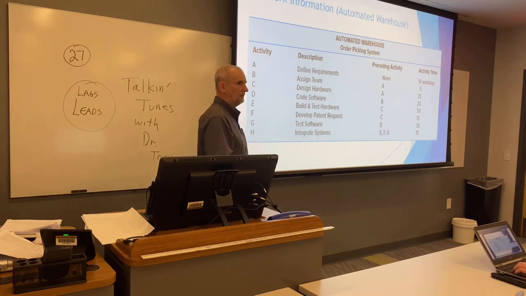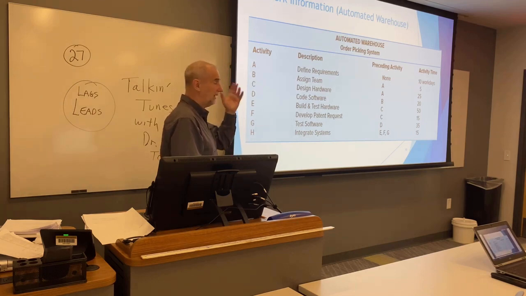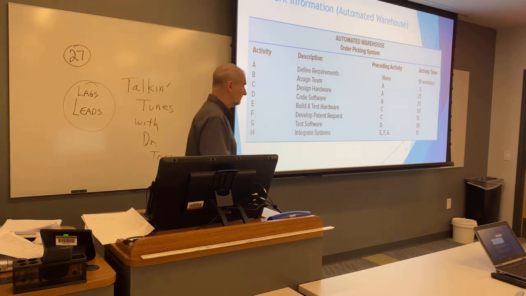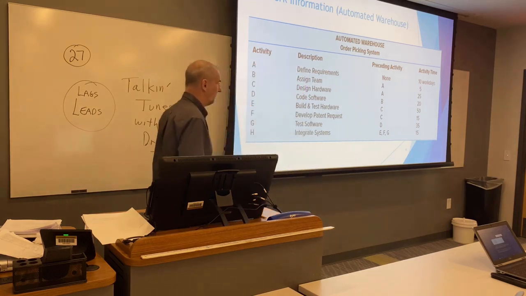So how many work weeks would that be? 2, yeah. Okay. 1 work week, 5 work weeks, 4 work weeks, 10 work weeks, 3 work weeks, 7 work weeks, 3 work weeks. Everybody with me on that? Okay. You got to have these, otherwise you can't move forward.